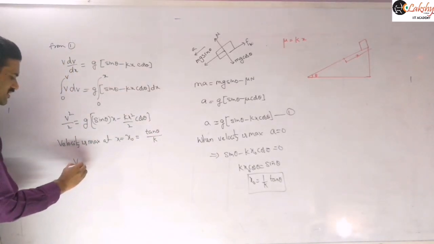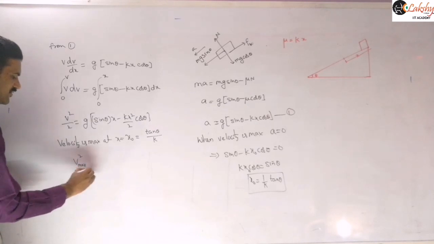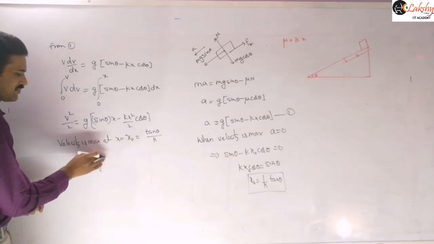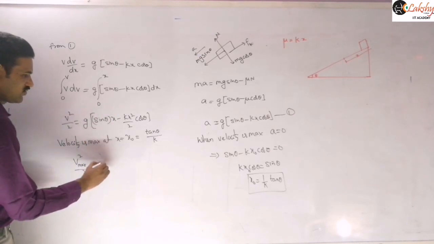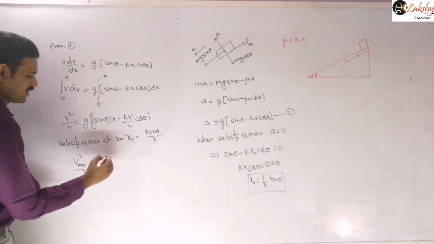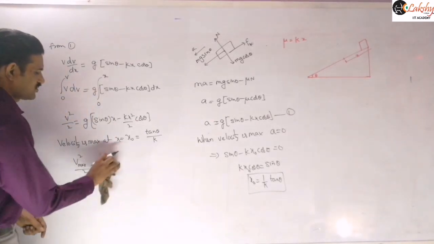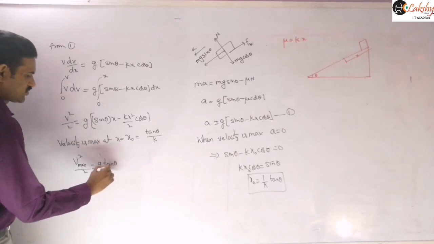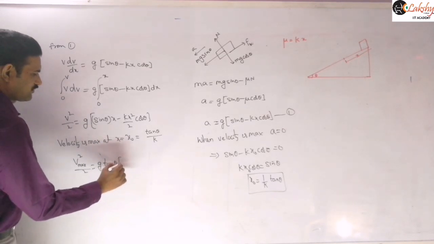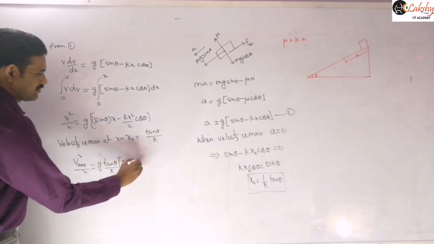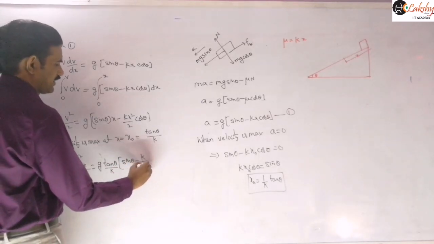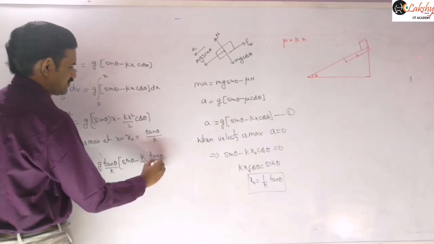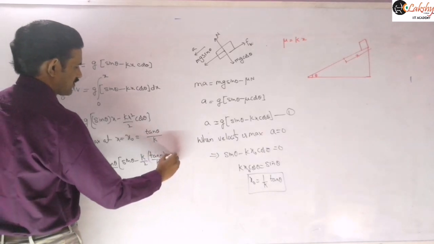Therefore v max square by 2 is equal to g times x, where I am taking one x naught common, and that x naught value you can substitute as tan theta by k. So this is tan theta by k of sin theta minus k by 2 into one more x naught, which is tan theta by k into cos theta.